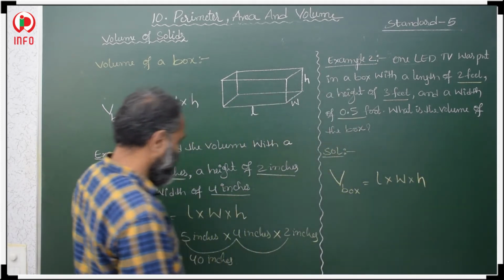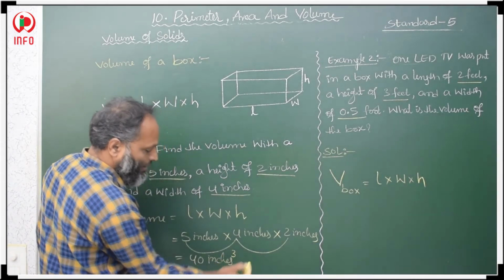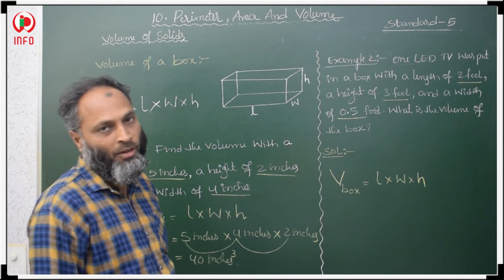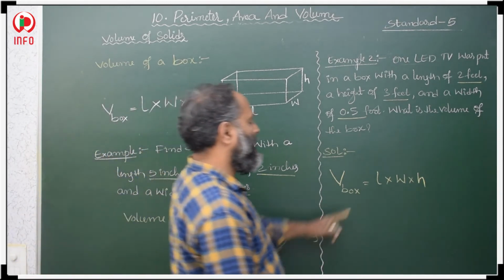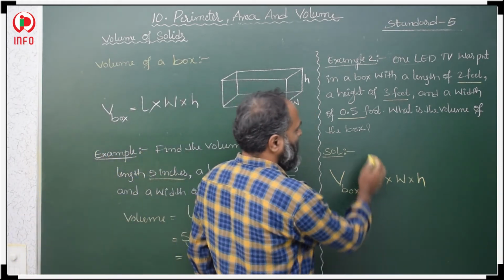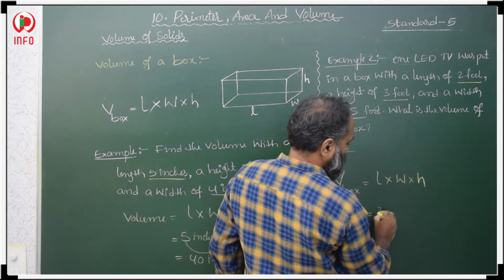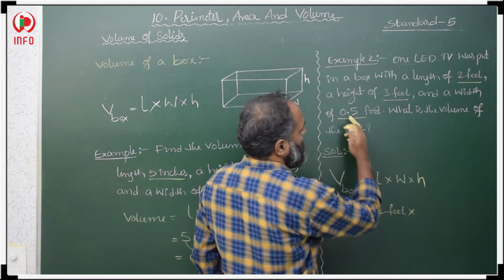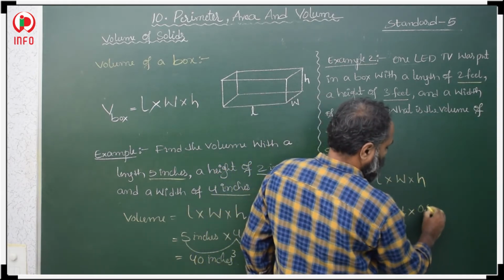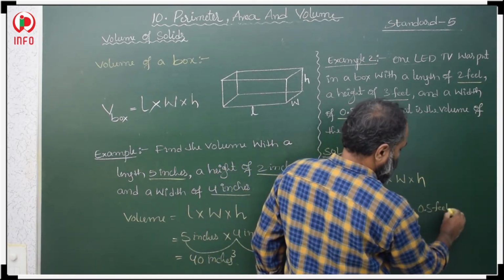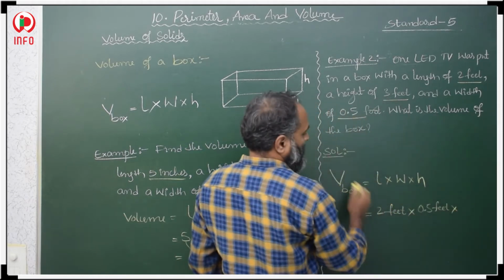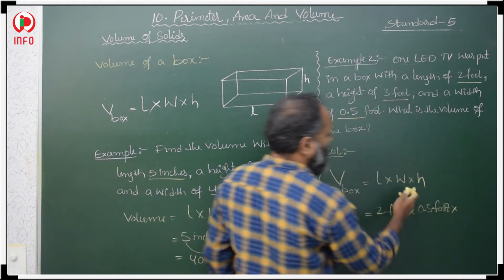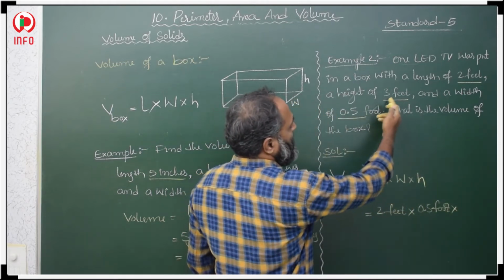Here the units are in cubic units, so we take cube. Then what is the length here? Length is 2 feet, width is 0.5 foot, and height is 3 feet.